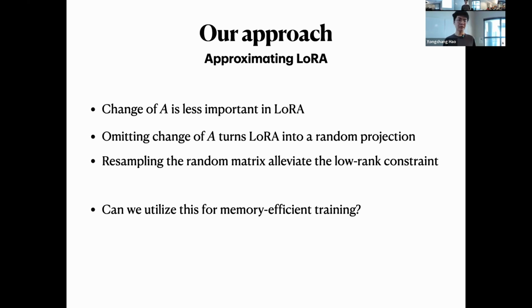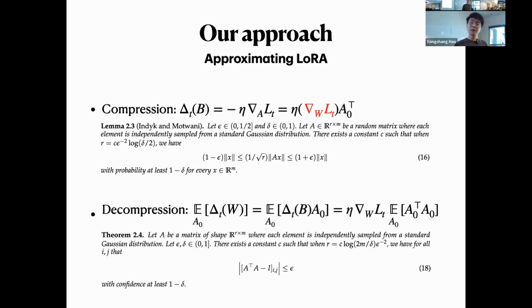So here we have some simple ideas, but can we actually use this in the practice of deep learning? Before we go on, I would like to discuss how we view LoRA, or random projection, as two parts.